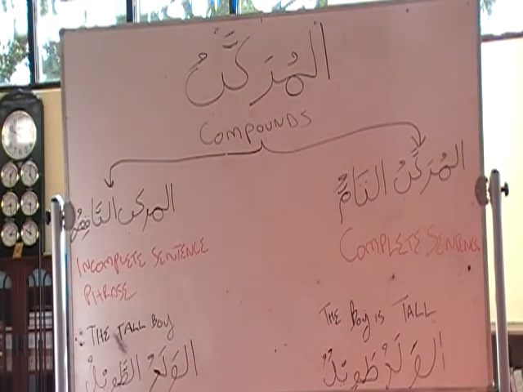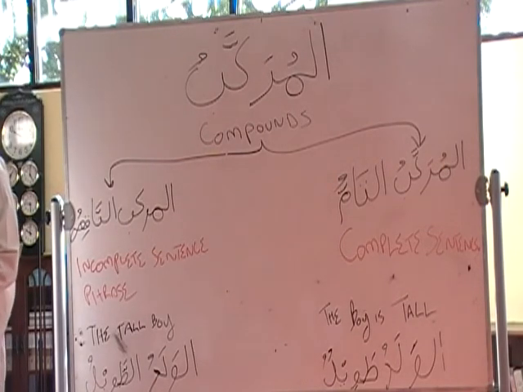The tall boy is a phrase of description, an adjectival compound. And Kitabullah, the book of Allah, is a phrase of possession, a possessive compound: how do you say that this ism is owned by another ism?